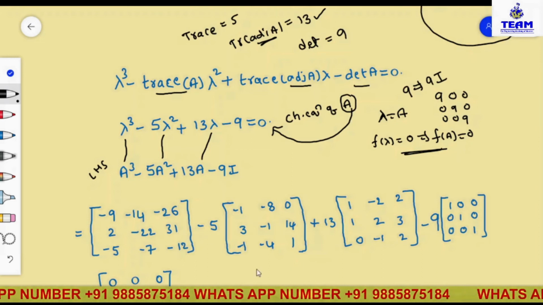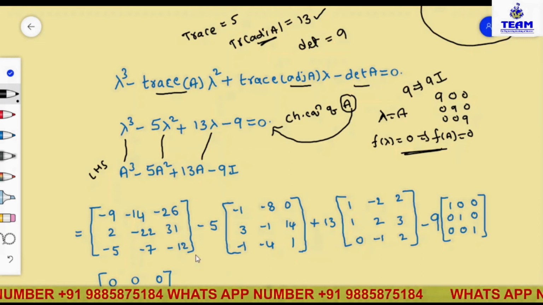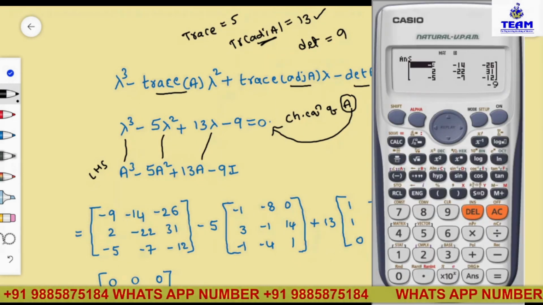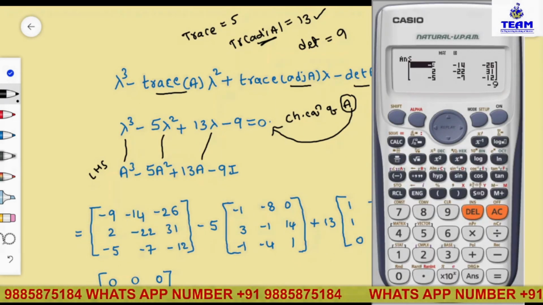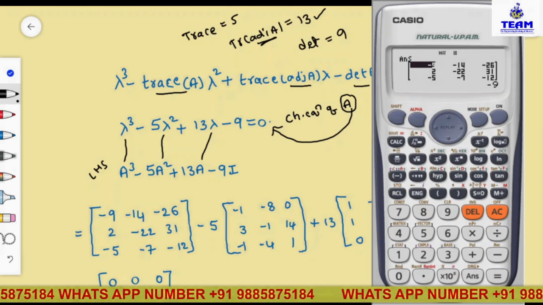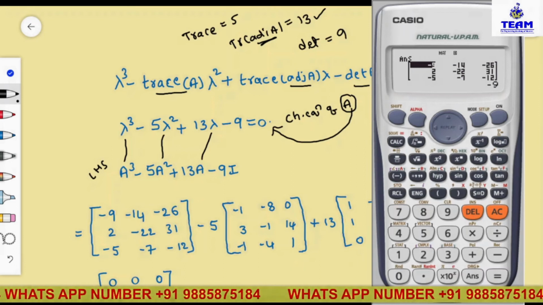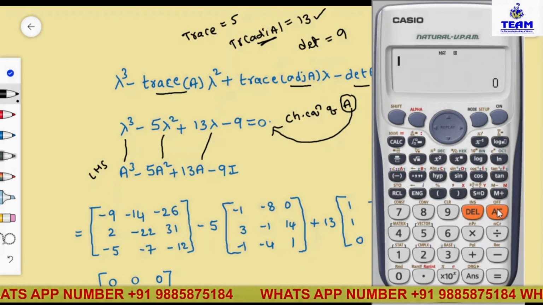Also we can verify. How can you verify? Again, friends, go for the matrix. In the matrix mode, a matrix polynomial also we can write here. Press AC. One moment, friends. Press AC. Yes, it is cleared.